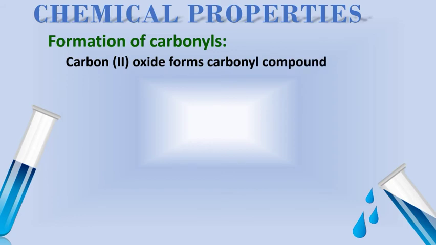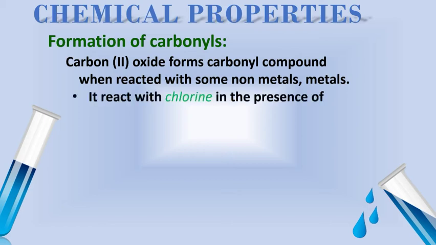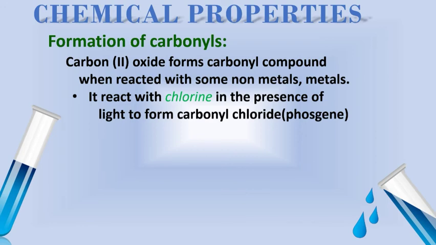Now, we've heard that carbon 2 oxide forms carbonyl compounds when reacted with some metals and non-metals. With chlorine in the presence of sunlight, carbon 2 oxide reacts to form carbonyl chloride. Carbonyl chlorides are also called phosgenes. The chemical equation for that reaction would be carbon 2 oxide combining with chlorine gas to produce carbonyl chloride.